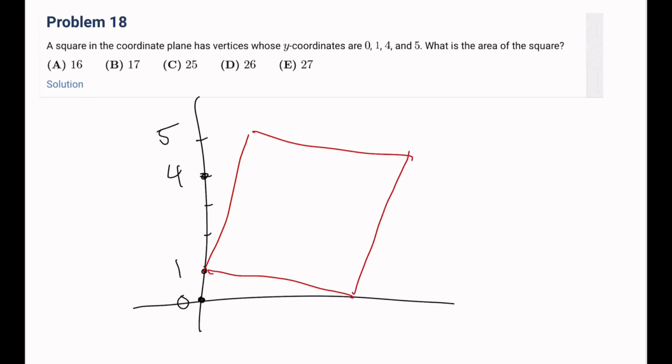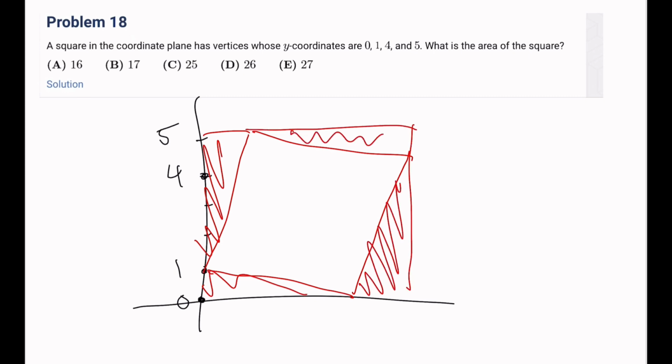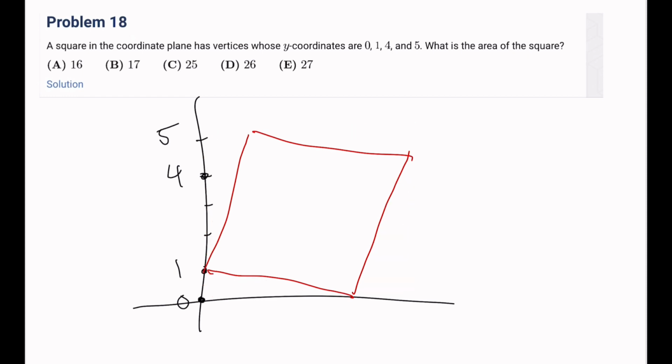And all these lengths would be the same, and all these triangles, if you see here, there are 4 triangles created. All these triangles would be congruent, and so for that to happen, this length and that length must be the same for this and this, for this and this, and for this and this.